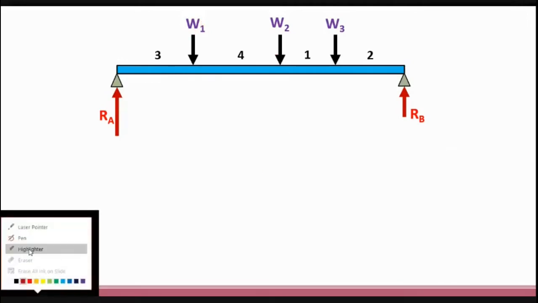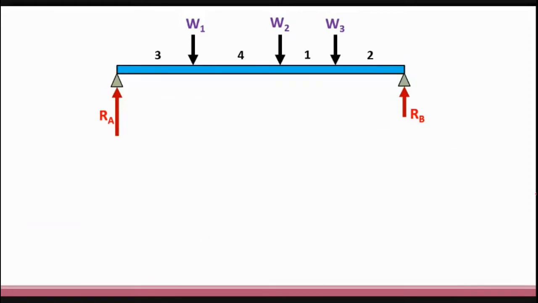The overall length of my beam is 10 meters: 3 meters up to W1, 4 meters from W1 to W2, 1 meter from W2 to W3, and later 2 meters. So totally 10 meters.